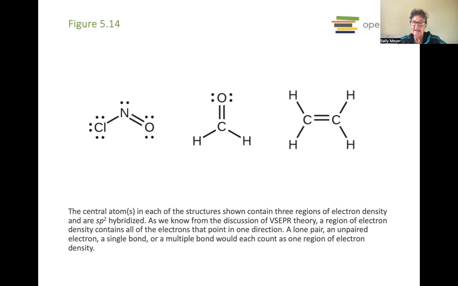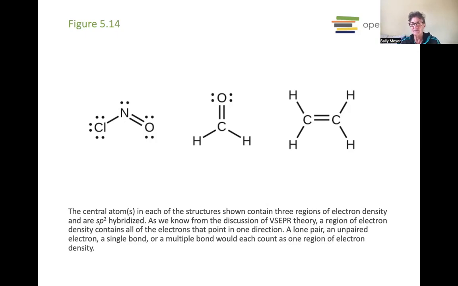So the carbon in the middle of the next molecule, which is formaldehyde, will also need 3 regions. It doesn't have to be a lone pair, and it doesn't have to be single and double bonds. So on the carbon in formaldehyde, carbon needs 3 regions for electrons to keep them as far apart as possible.